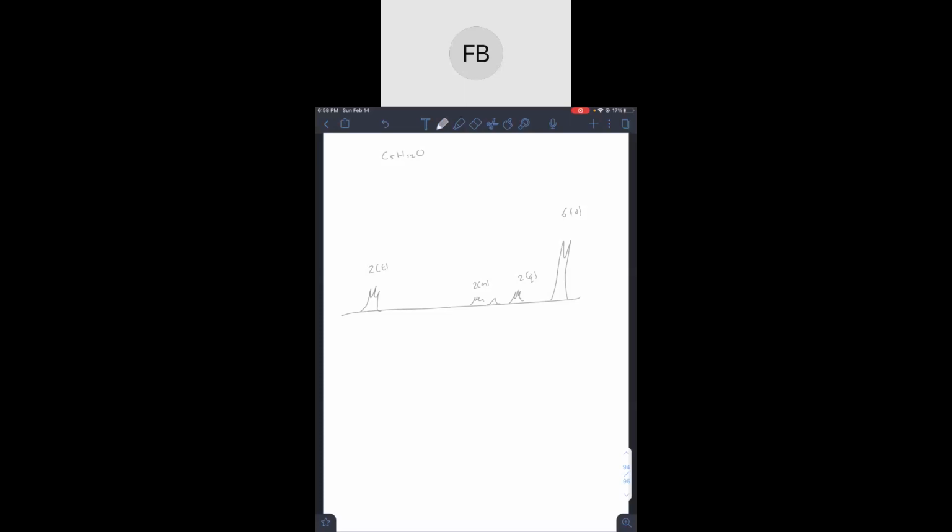So there's no degrees of unsaturation. Perfect. So it could look like a lot of ways. It could look like this. It could look like this. It could look like this. There are lots of different ways it can look, but we will go through it to figure out which shape is best.